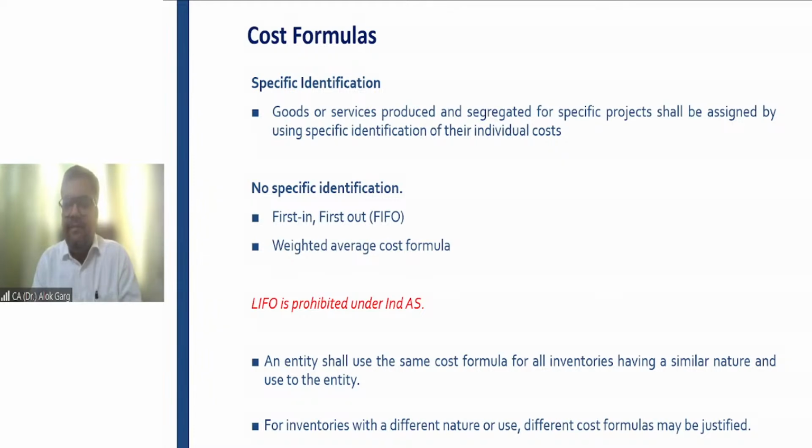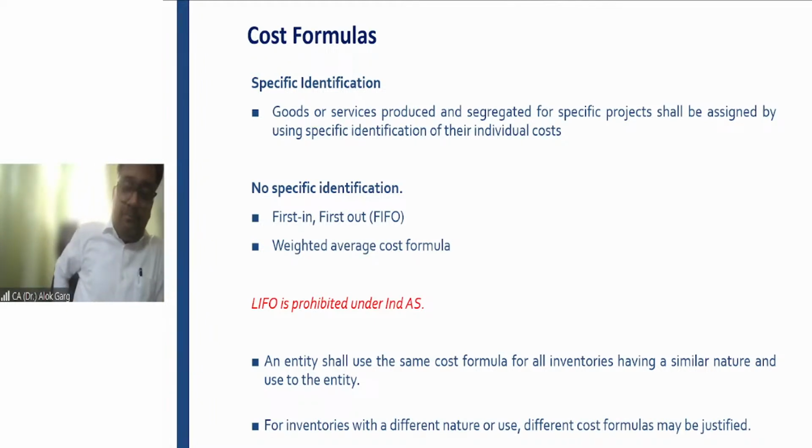So friends, for that purpose, the standard says that for valuation of the closing stock, number one, you need to see whether the inventory is specifically identified or there is no specific identification, right?